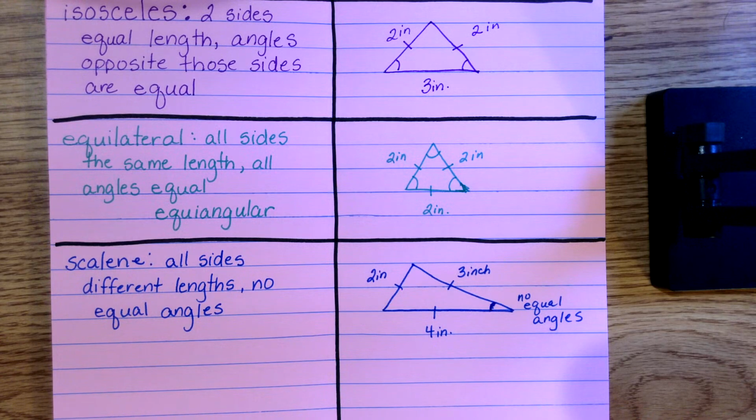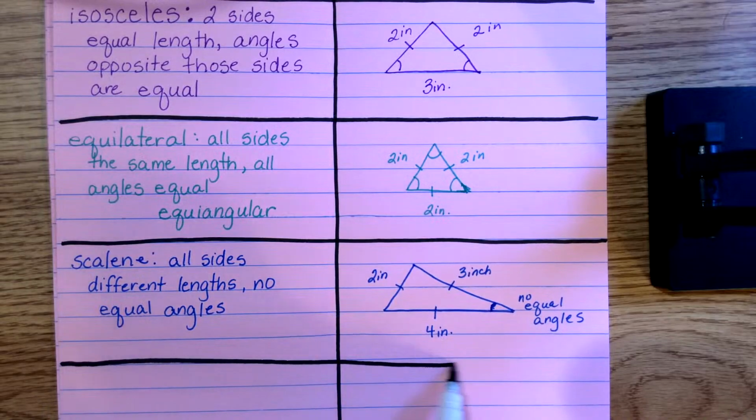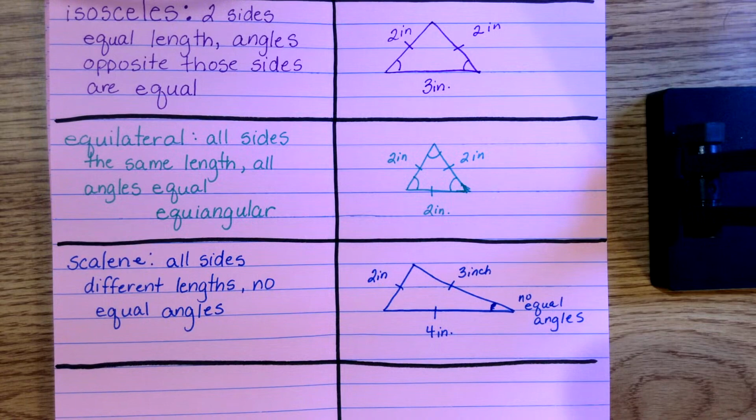Sometimes triangles can be studied specifically by their angles, and we have a couple of those that we look at. One of those is going to be a right triangle. A triangle that has a right angle is called a right triangle.